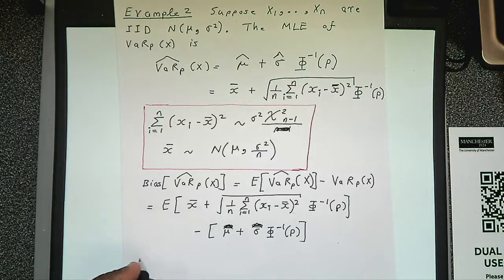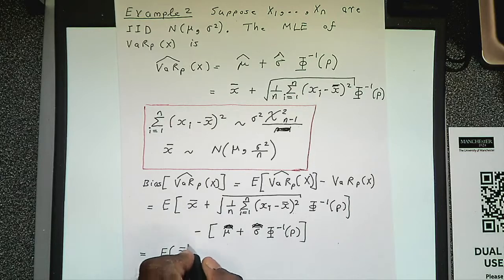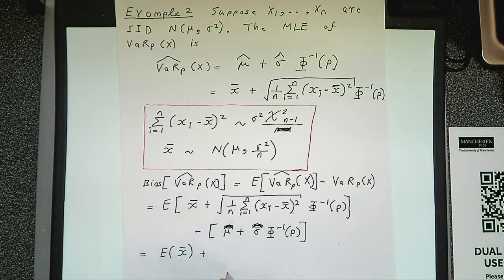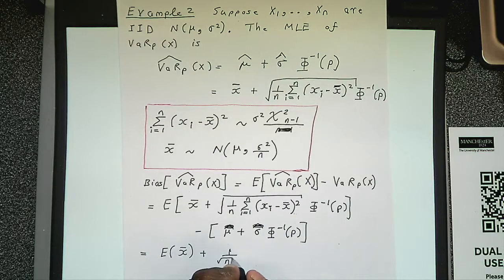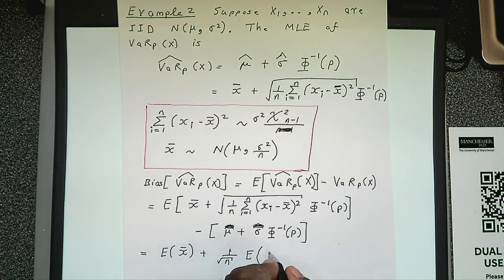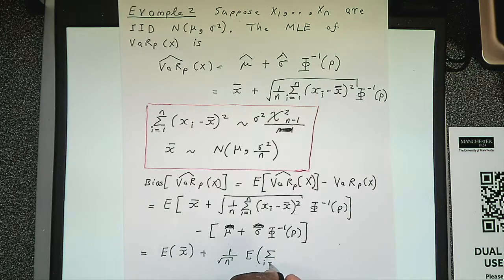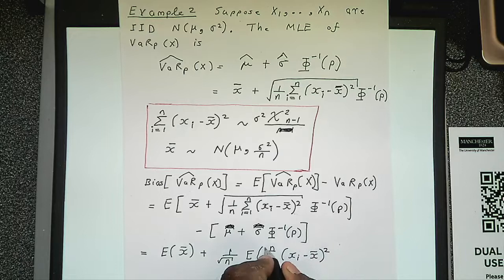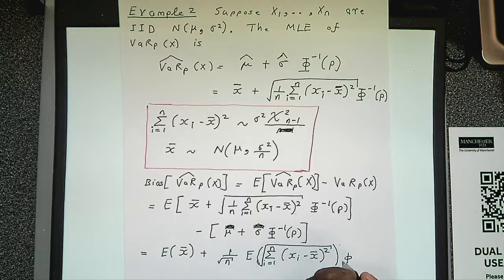Okay, now you should take the expectation inside. This is going to be the expectation of x bar plus 1 over square root of n times the expectation of this, like this.